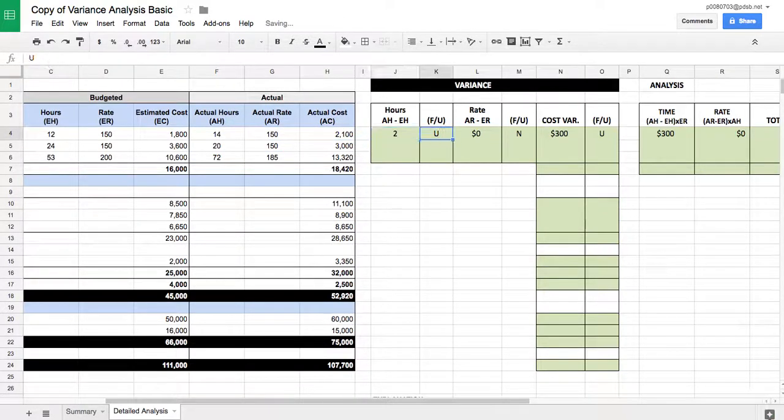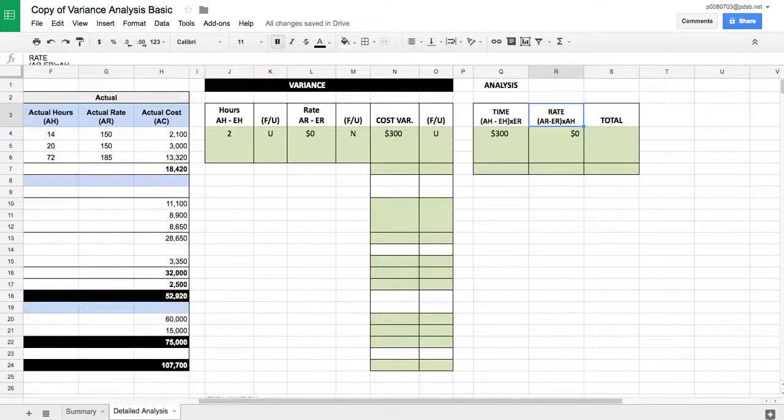Don't even worry about it. I'm just testing it. So if you could all make the change, this should say estimated hours, not actual hours. Okay, I'll center that as well.